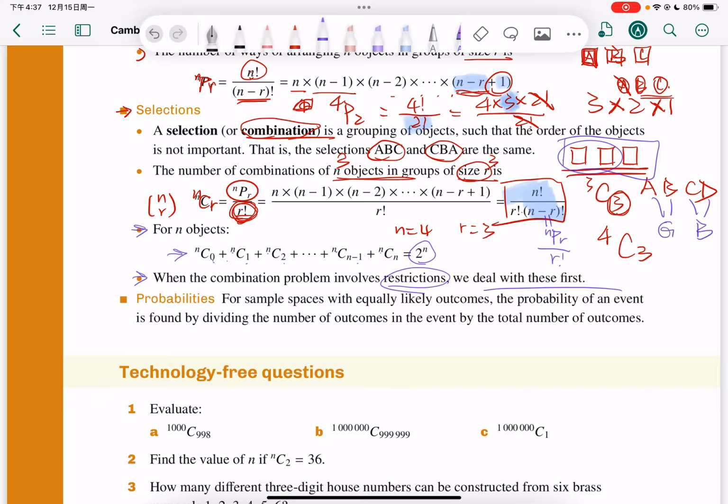Now probability. For a sample space with equally likely outcomes, the probability of an event is found by dividing the number of outcomes in the event by the total number of outcomes.